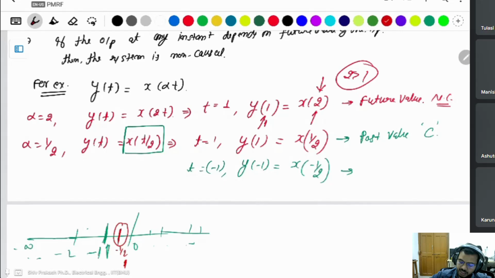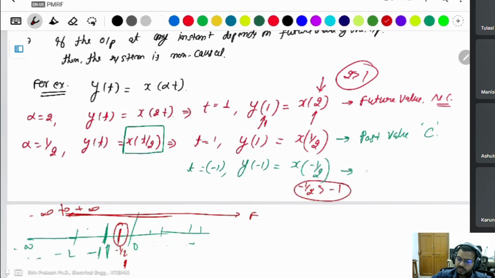Then you can say this is the future value, not a past value. Your system goes from minus infinity to plus infinity. If the system is here, then this is the future value; if the system is here, then this is the past value. The system predicts the value at t equal to -1/2, but the output asked for is at -1, and -1/2 is greater than -1.